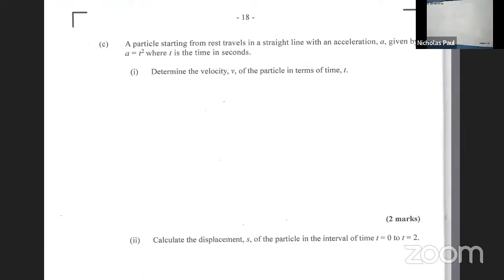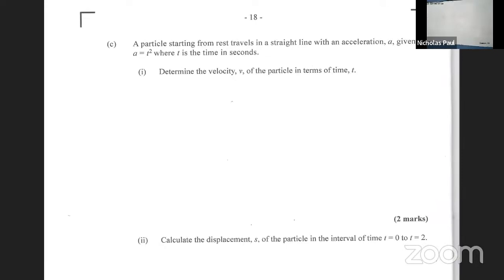They give you acceleration, they want velocity and displacement. Easy maths.